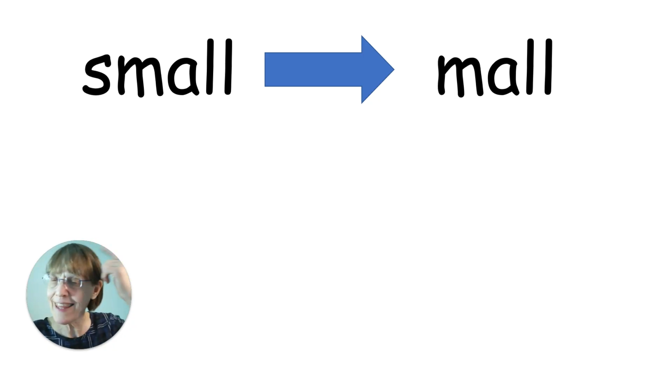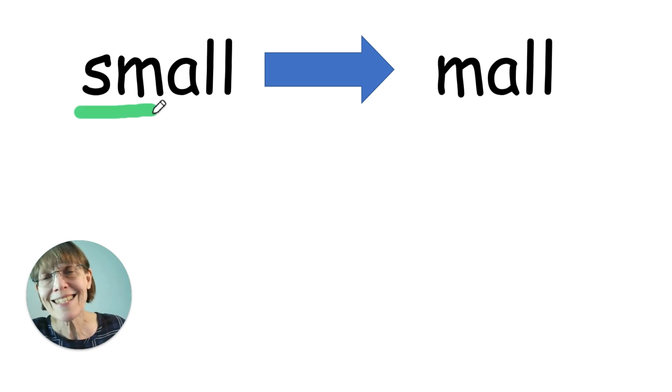Please read and think, what change? So here we have the blend, sm, 2 consonants, and then we have the vowel, and then we have the l, small.